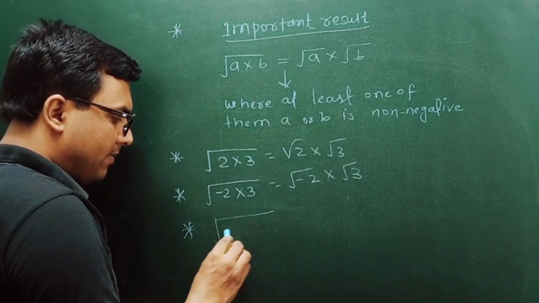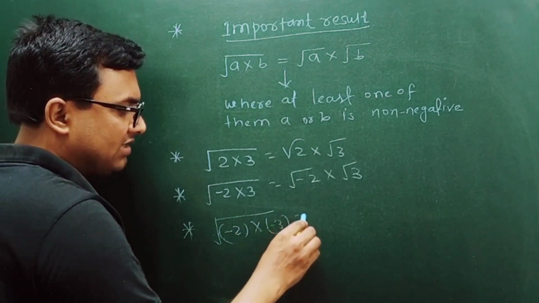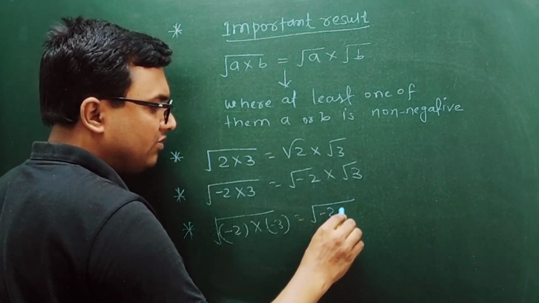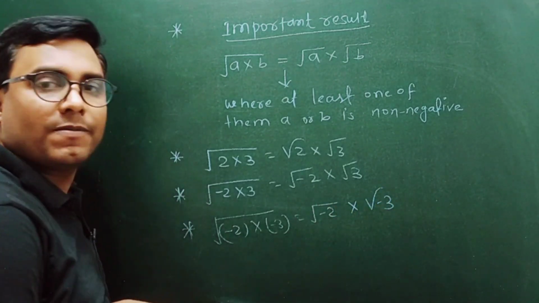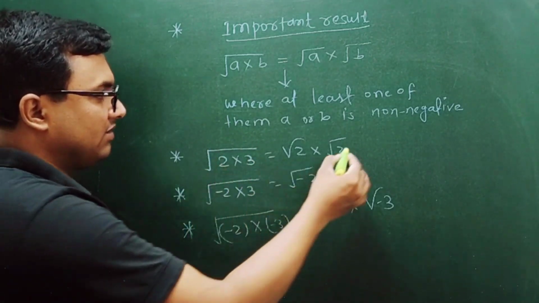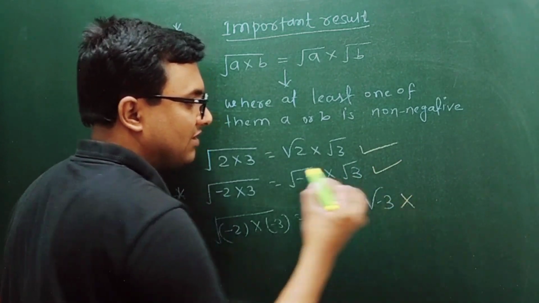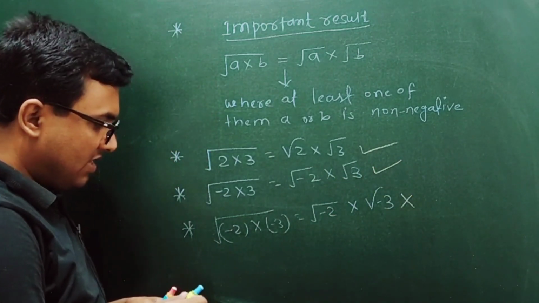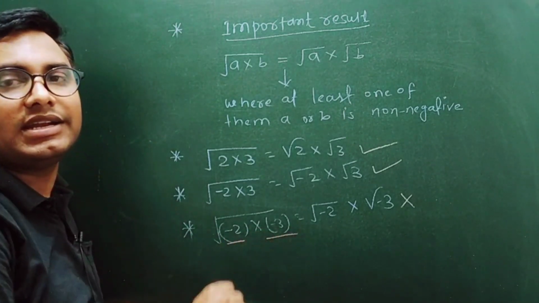Root under minus 2 into minus 3 is written as root under minus 2 into root under minus 3. Now, which one is right? The first is right. The second is also right, but the third is wrong, because both minus 2 and minus 3 are negative.